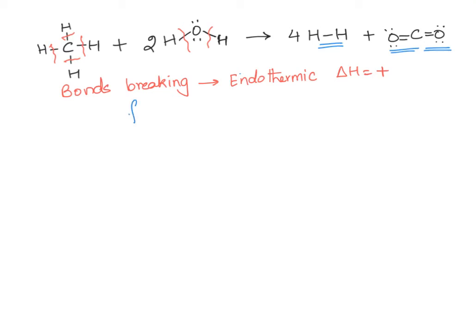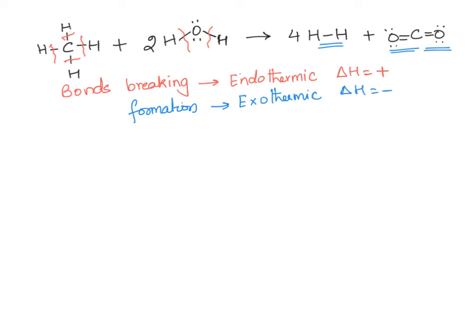Bond formation is exothermic. When bonds are formed, it's an exothermic process, meaning delta H is negative.